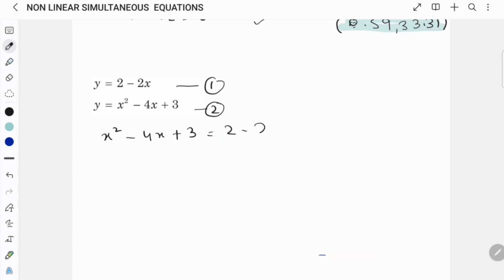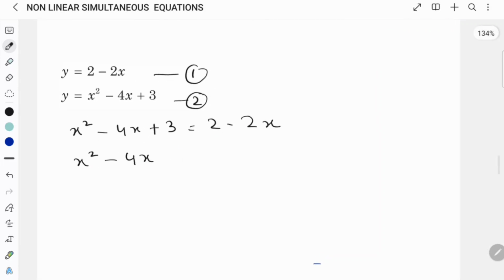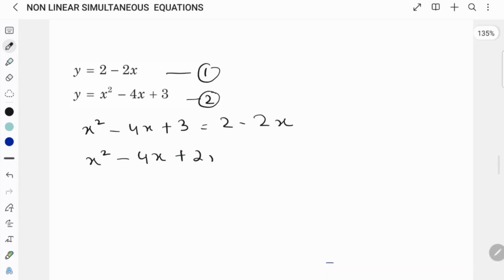This is the first equation, and this is the second equation. The first equation already has y as the subject, so we can make them equal. x square minus 4x plus 3 equals 2 minus 2x. So x square minus 4x plus 2x plus 3 minus 2 equals 0. So here x square minus 2x, and 3 minus 2 is 1.